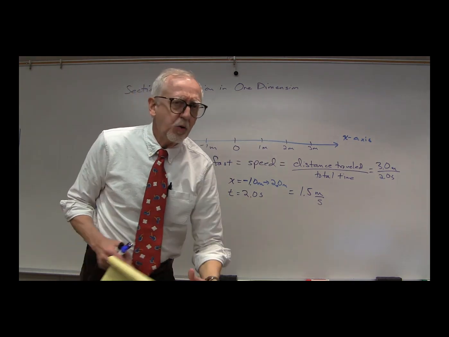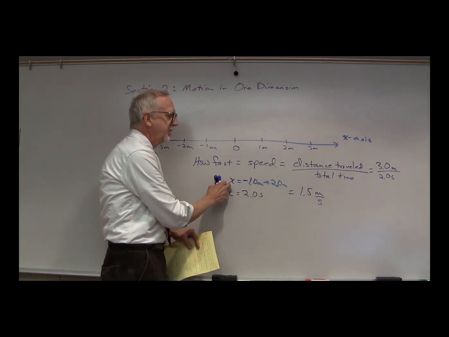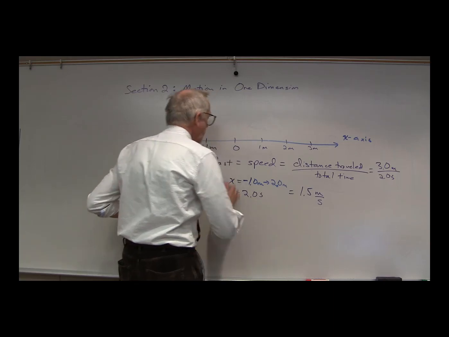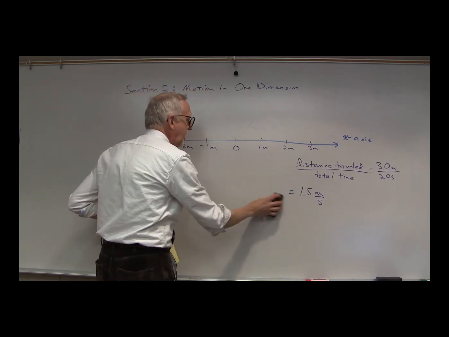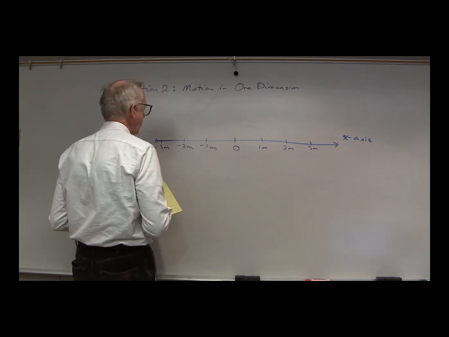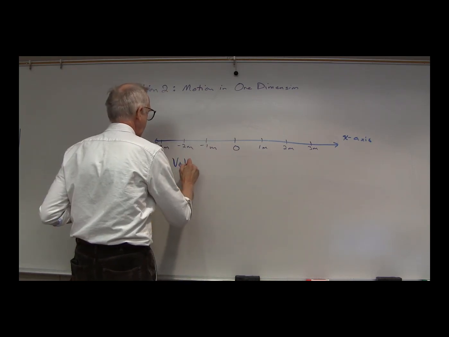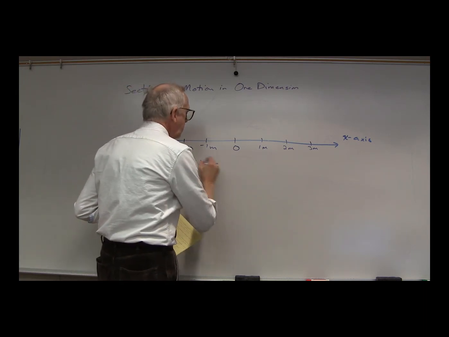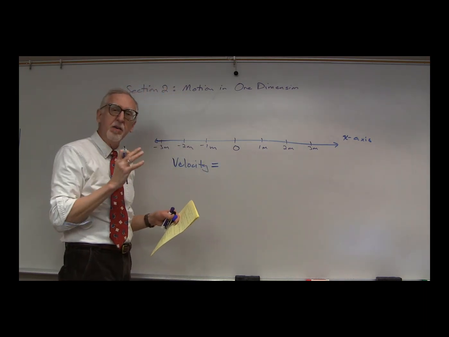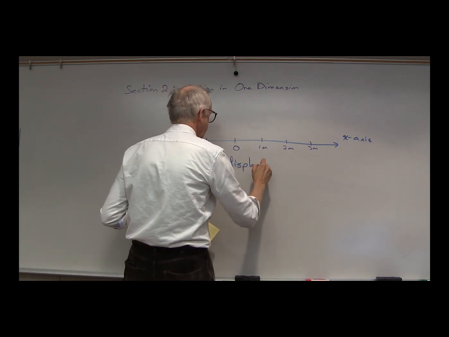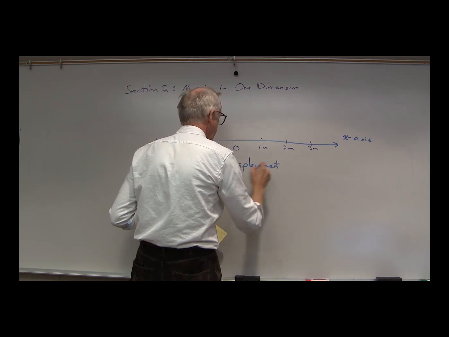We're going to define a quantity that really only depends on the value of x. This quantity is what we call velocity. The velocity we will define as a very, very important quantity that's called displacement over the time interval.